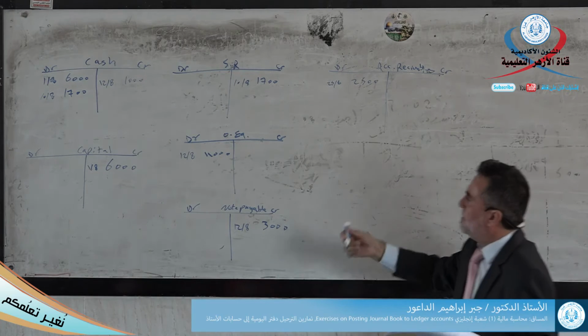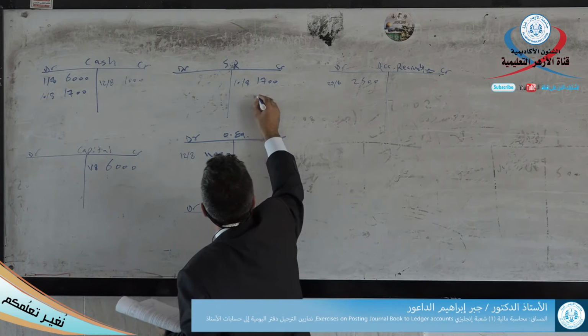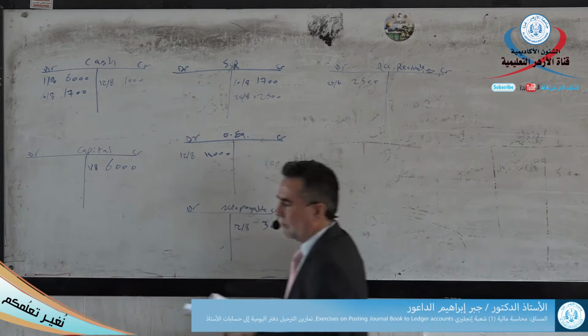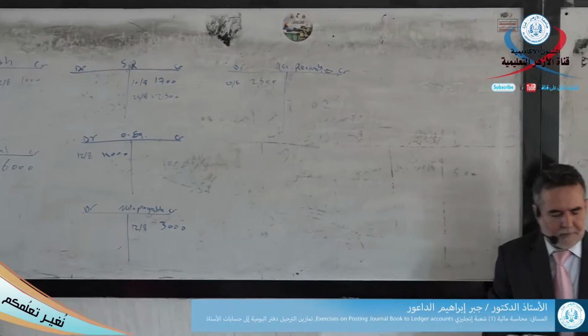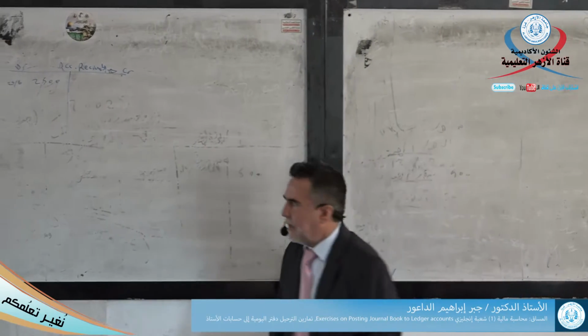Service revenue, a credit 2,500. Final one, cash to account receivable.